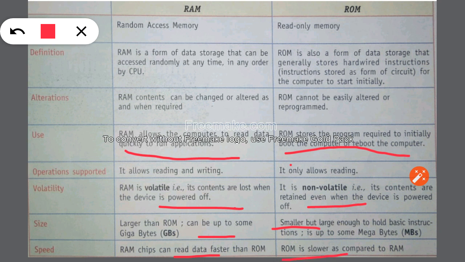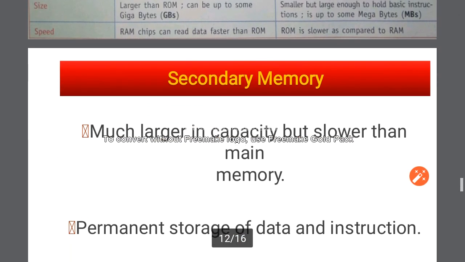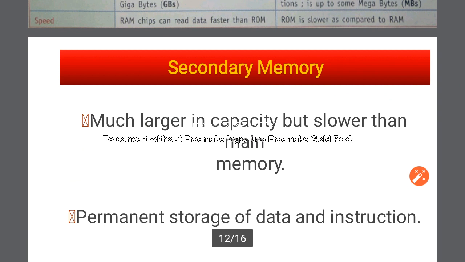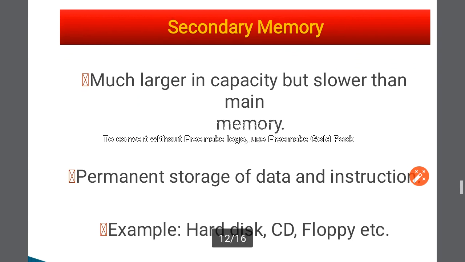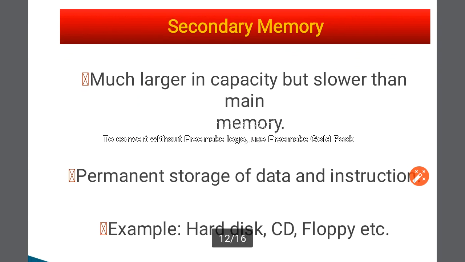With this, we are completing the difference between RAM and ROM. Now, secondary memory. All of you know secondary memory is larger in capacity but slower than the main memory. It is permanent storage of data and instructions, like hard disk, CD, floppy and many more.